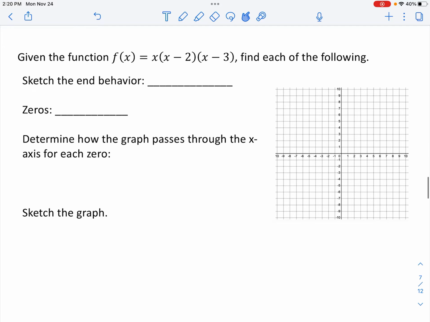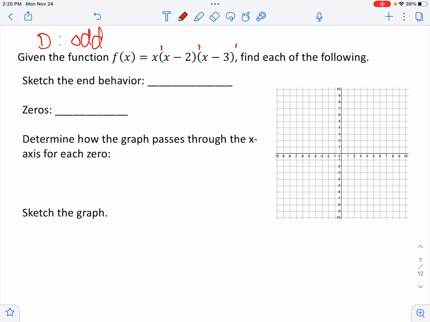All right, given this function, find each of the following. Okay, so we're going to sketch the end behavior. So first of all, we want to think about what the degree of this polynomial is. Well, how many exponents? I got a 1 here, a 1 here, and a 1 here. So it's odd.